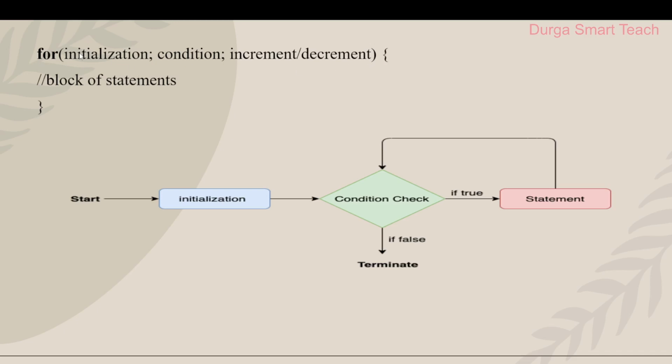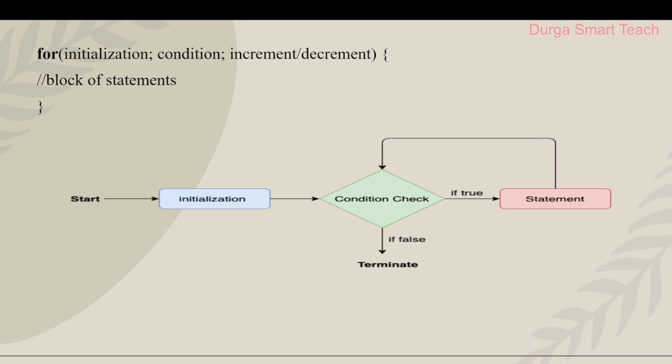So I already told that every looping statement contains three important parts: initialization, condition, and increment or decrement. This is known as updation. First it will initialize. Initialization is nothing but storing a value into a variable. For example, i equals 1, that is known as initialization. Next, condition. Condition is, for example, i less than or equals to 5. So we are checking whether the condition is true or not.